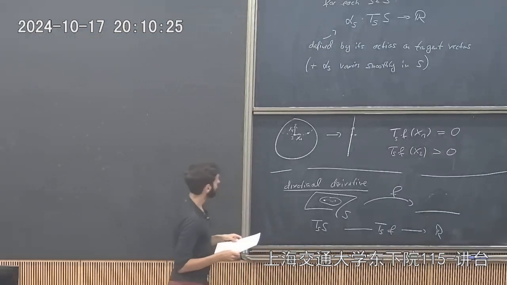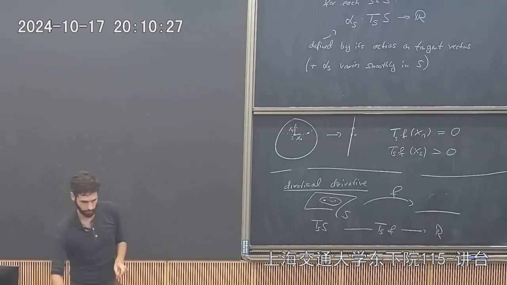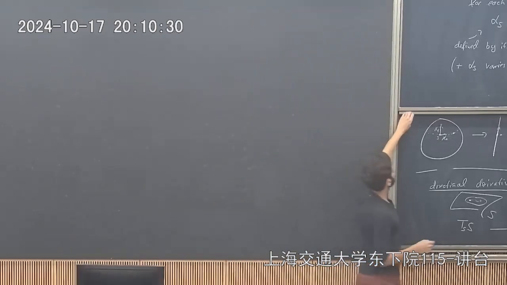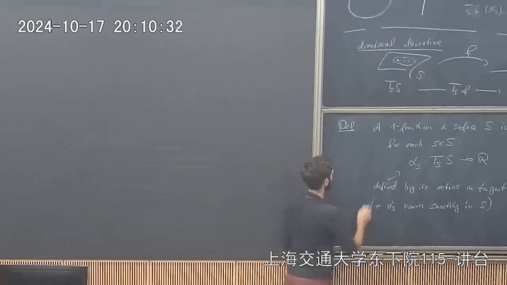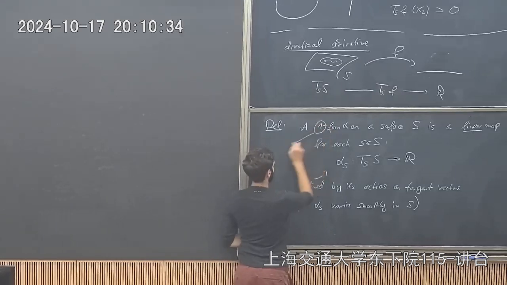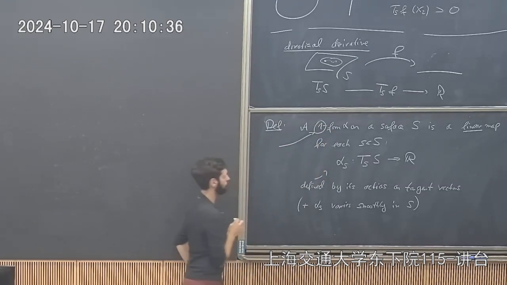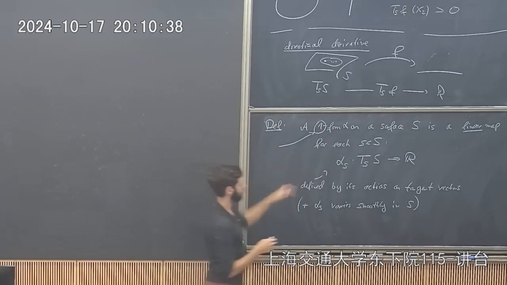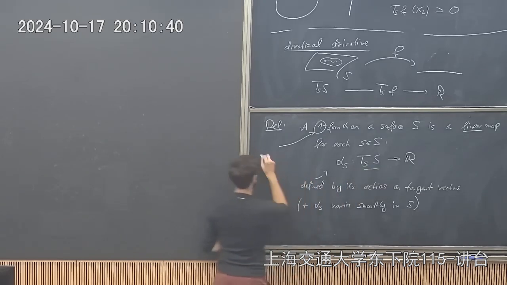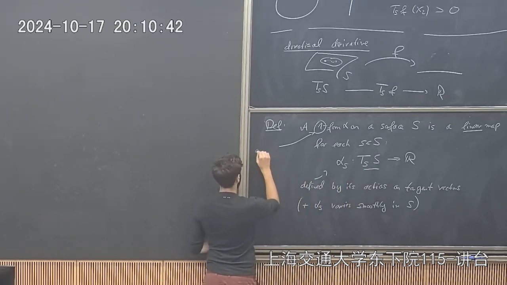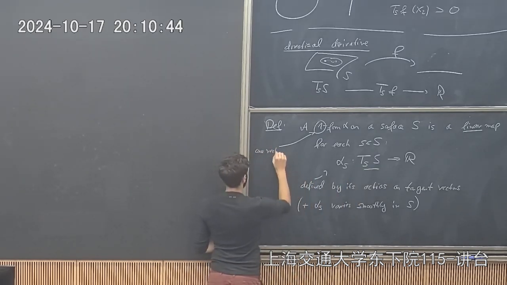So one more remark: here we have a 1. That refers to the fact that we have one input here, one vector as input.